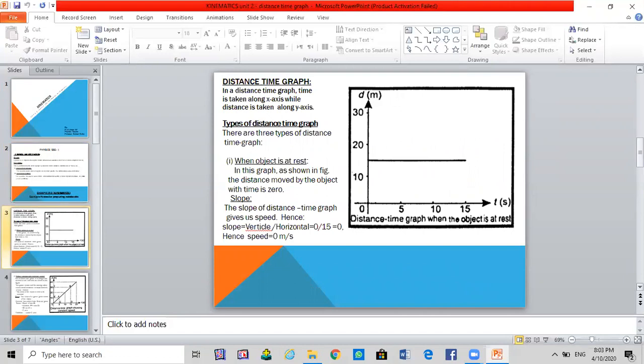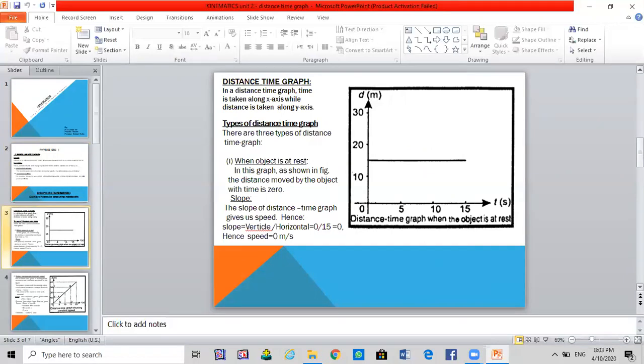Now, the distance-time graph. In a distance-time graph, time is taken along the x-axis while distance is taken along the y-axis. There are three types of distance-time graph.